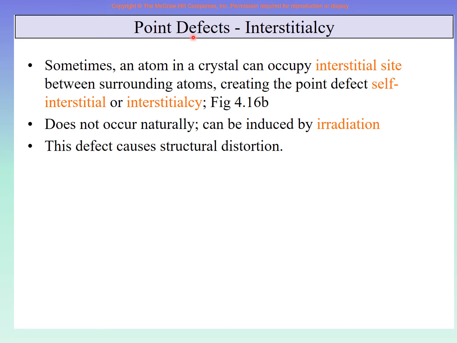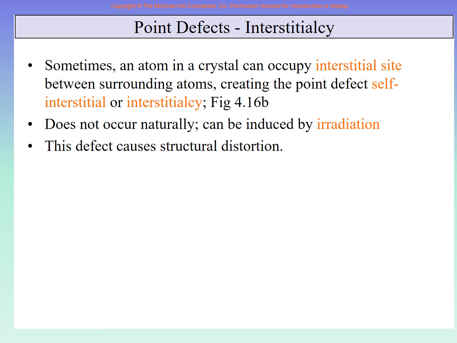Another type of point defect, try to say it: interstitial C. If at any interstitial site there is a point defect, then this point defect is called interstitial C. Now there are two types. There is a self-interstitial, or there is some other type. Self-interstitial is an easier name.